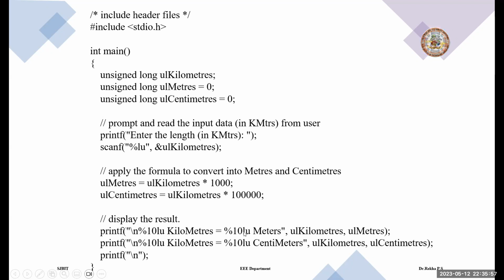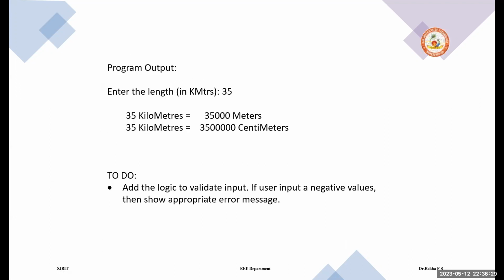Whatever you are supposed to print, you can write in this printf function. First I'll print the kilometer and meter value. Next, immediately using one more printf statement, I will print kilometers as well as centimeters. Slash n is the new line character. It will go to the next line.